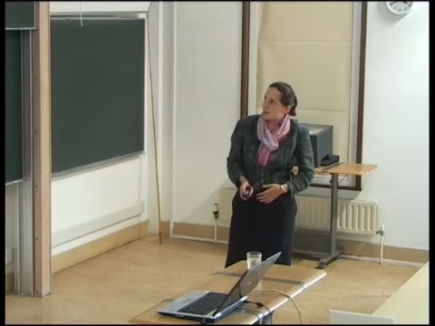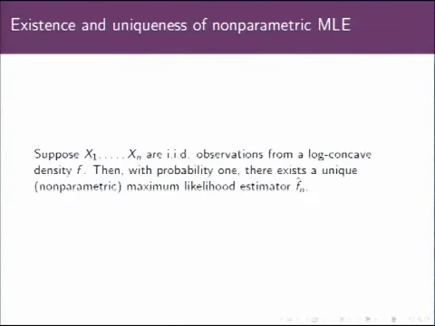And the nice thing about this, from the point of view of this talk, is that if we restrict to this class of densities, and we have IID observations, then there's a unique maximum likelihood estimator. So we might hope that this would be a reasonable way to estimate our density.